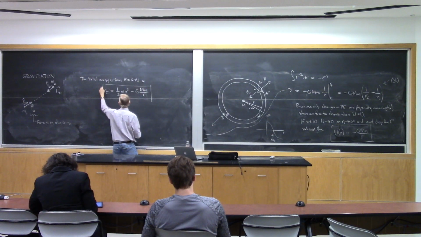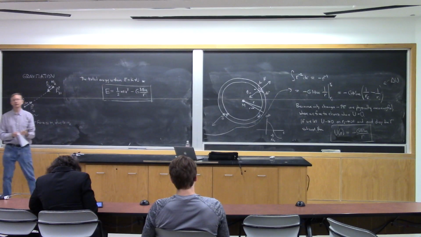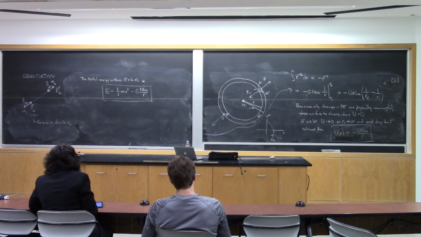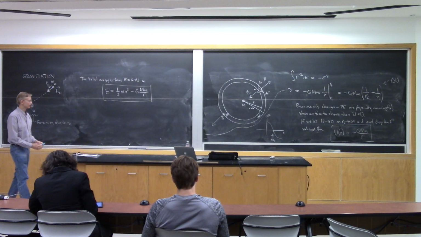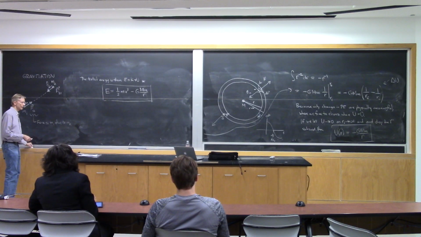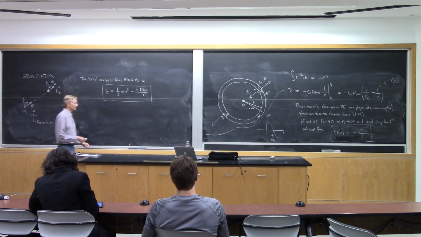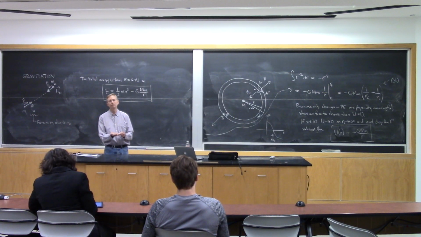So for our two objects, big M and little m, we're assuming big M is so big that really we're just worried about what little m is doing. We're assuming that big M isn't moving much under the influence of little m. Then if all we care about is little m, we would say that its total energy is its kinetic energy, 1/2 mv squared, minus its potential energy, G big M little m over r, which we really understand is actually the potential energy of the system of two particles, but that's fine.